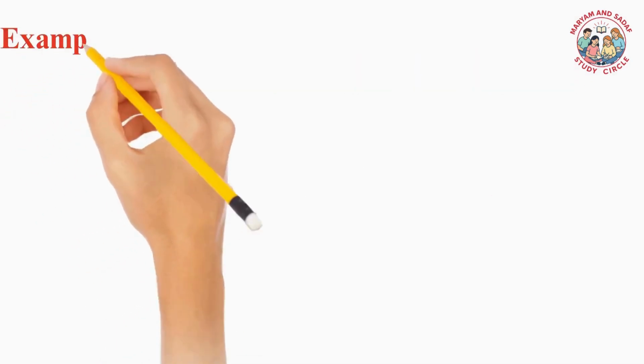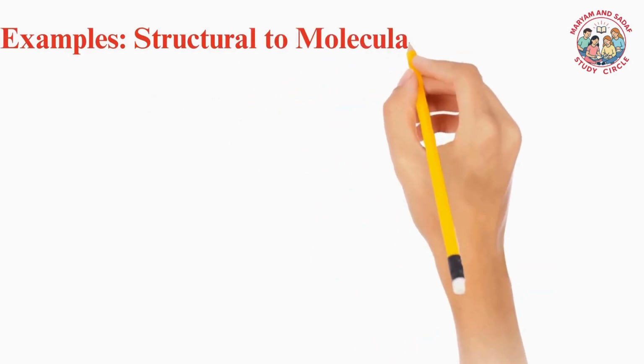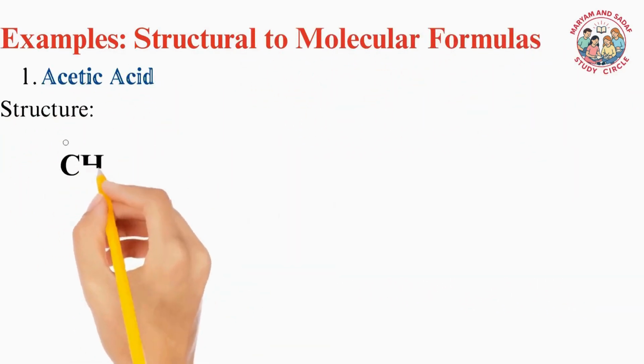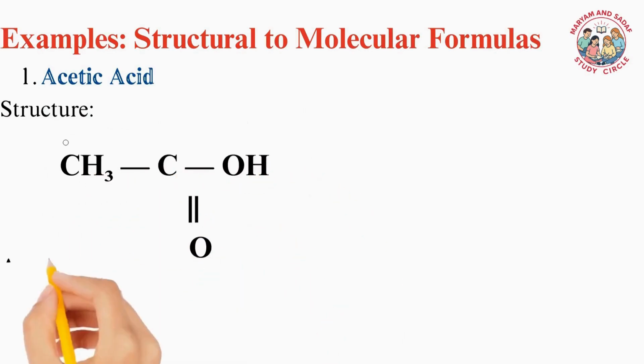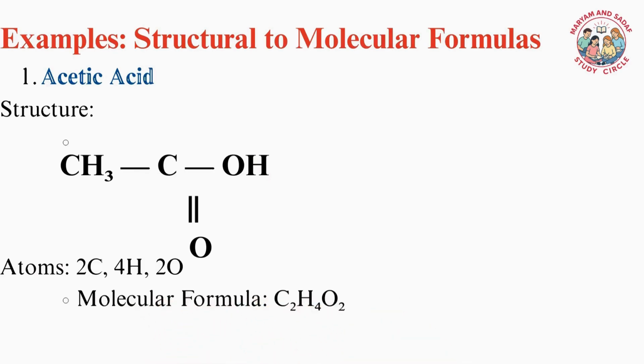Examples: structural to molecular formula. In acetic acid structure, there are 2 carbon, 4 hydrogen and 2 oxygen. Its molecular formula is C₂H₄O₂.